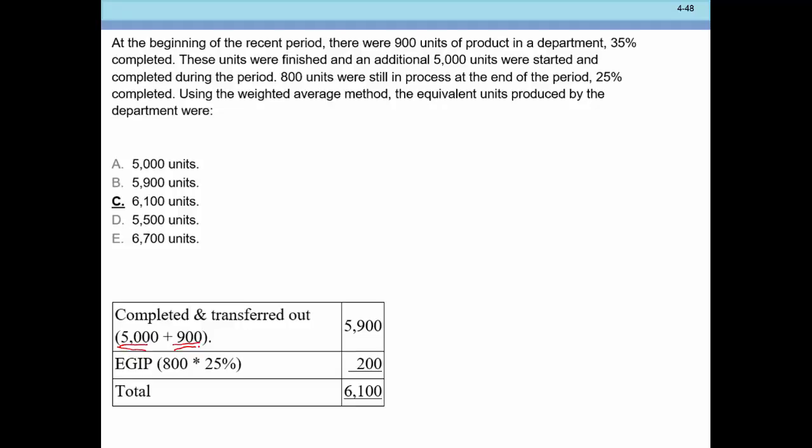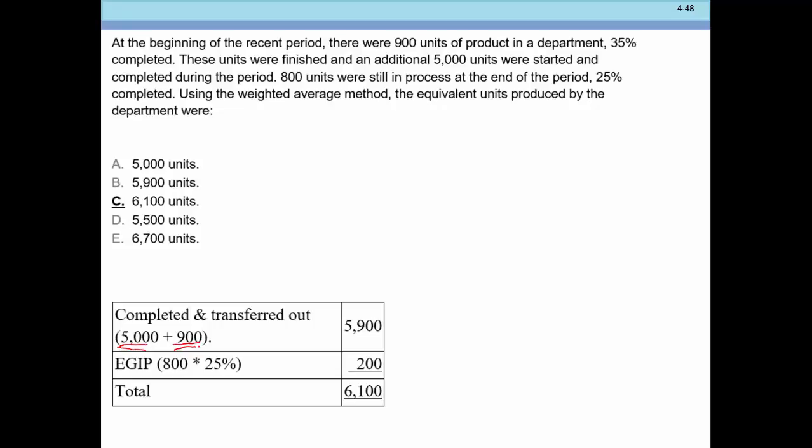So I actually have to add those two together, don't I? So this one, you couldn't use the typical pattern of taking the beginning inventory, minus the units started for the period, minus the ending inventory, and then adding back in the beginning inventory units, because they tell me 5,000 units were started and completed. They're giving me that, right?